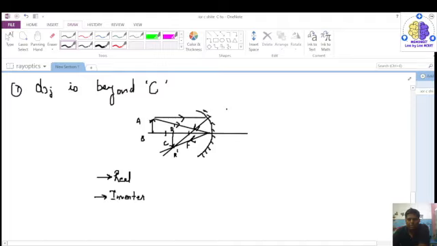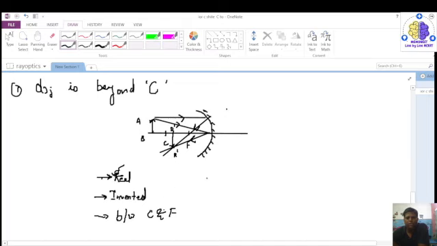Then we see its position. It is formed between the center of curvature and the focus.